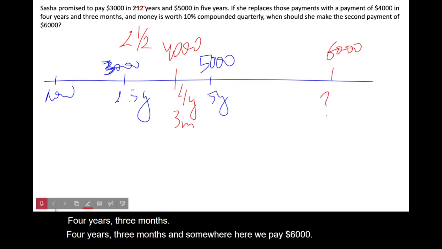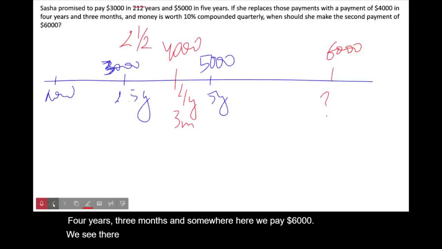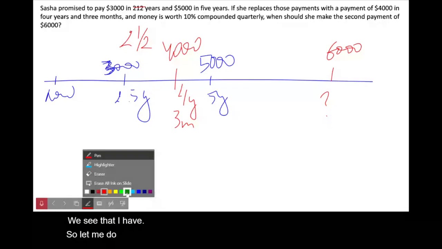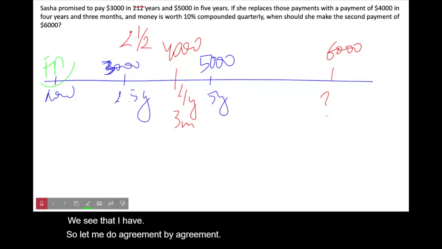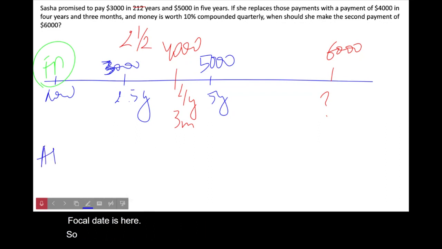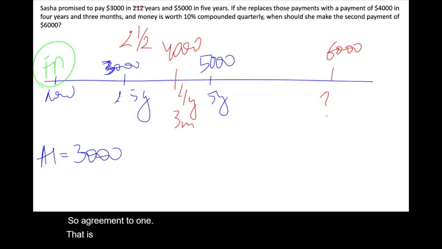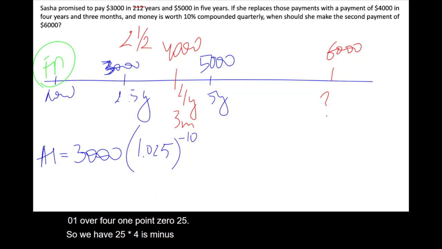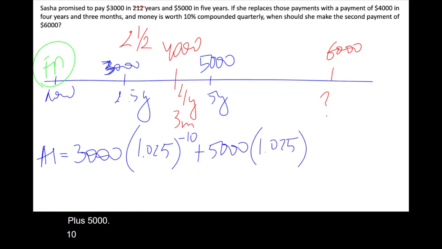Let me do agreement by agreement. Focal date is here. So agreement 1, that is 3,000 times 1.025 exponent 10, plus 5,000 times 1.025 exponent negative 20, right?